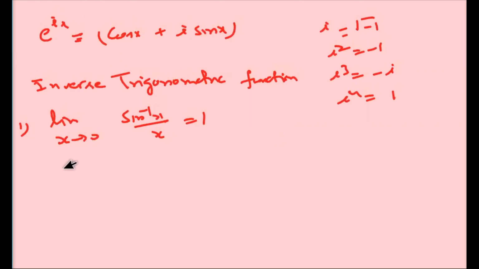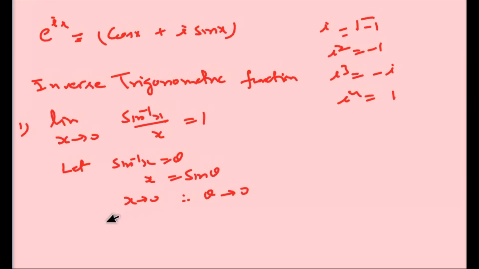Let sin inverse x equal theta, then we know x equals sin theta. If x tends towards 0, then theta tends towards 0. Then sin theta is 0.